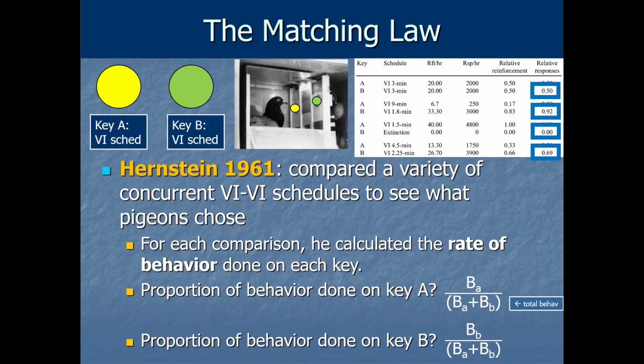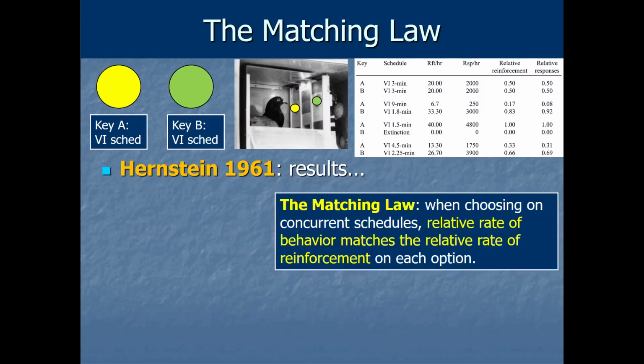Now, the interesting thing that Herrnstein had demonstrated here is what we see when we compare those last two columns, the relative rate of reinforcement on each of our choices and the relative rate of responding on each of our two choices. And those numbers usually come out remarkably similar. Like in that fourth experiment, 33% of reinforcement can be earned on schedule A, and they ended up doing about 31% of their behaviors on that key.